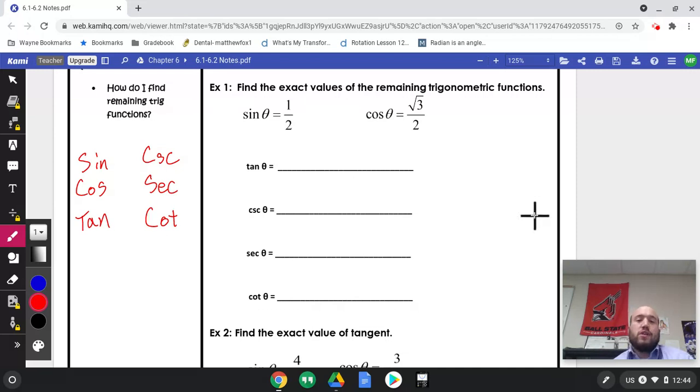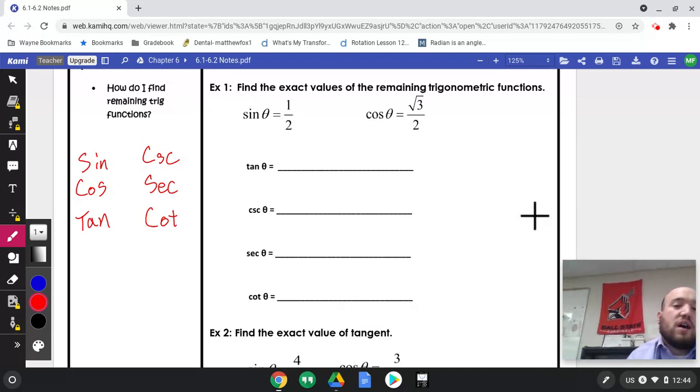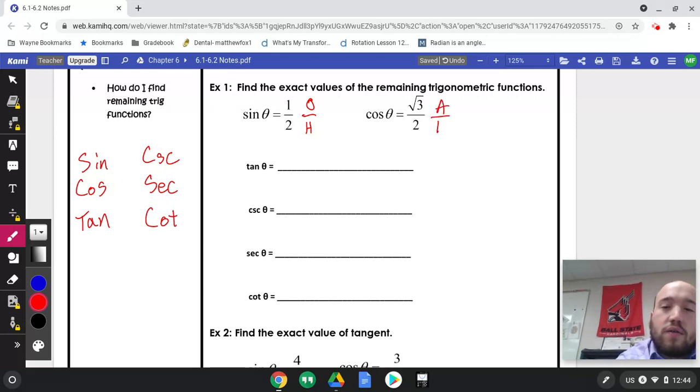We know SOHCAHTOA, so sine is opposite over hypotenuse. So if that's the case, we know that our opposite is 1, our hypotenuse is 2. Meanwhile, cosine is adjacent over hypotenuse, so that'd be A over H. Okay, so from here, this should give us enough information to solve the 4 remaining trigonometric functions.